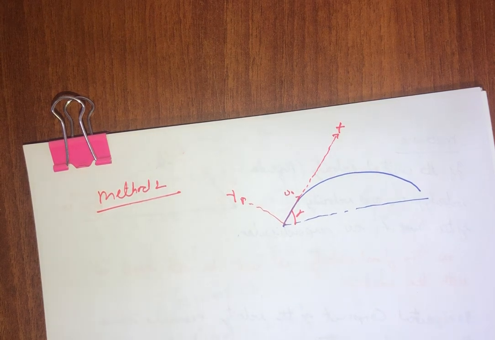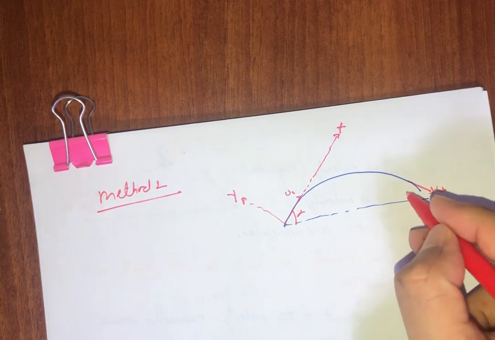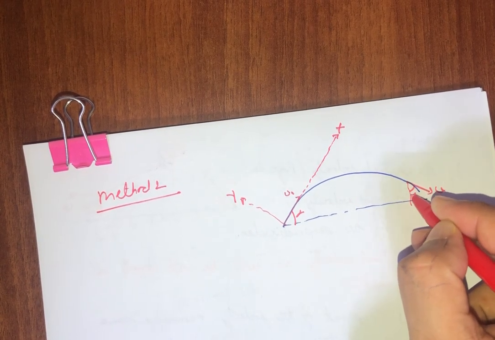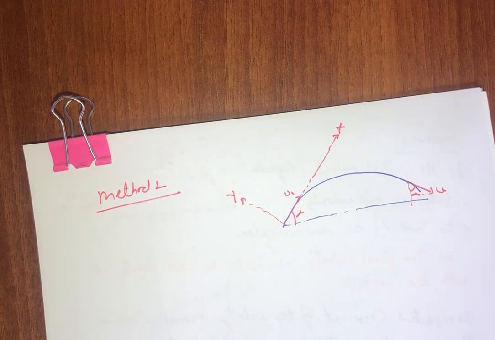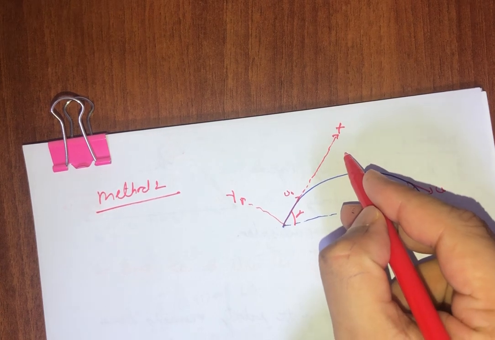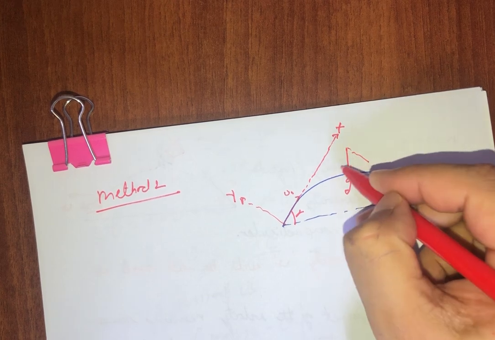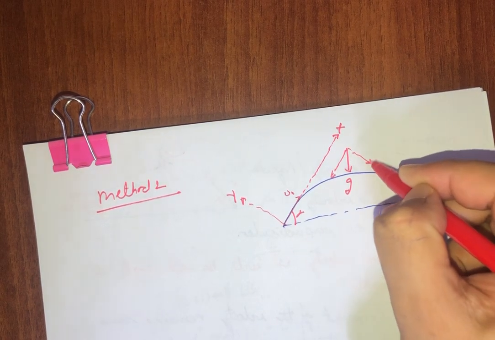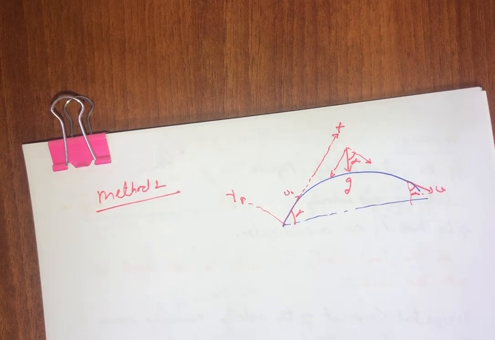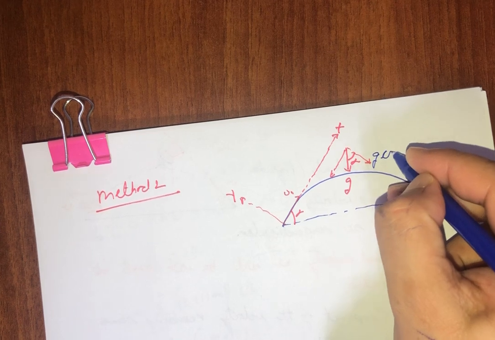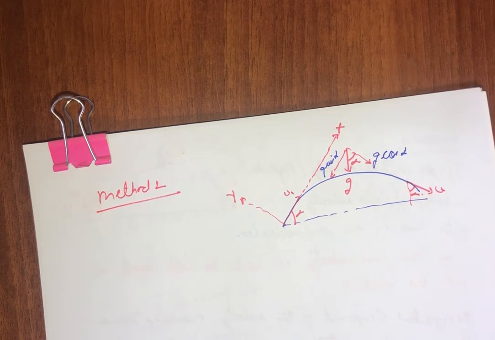And similarly, the final velocity at this point is given as v. It will be making an angle of alpha with the vertical, and now we have shifted the coordinate axes, x-axis as well as y-axis. Now acceleration due to gravity will also have its components. So this will be g, one component in this direction, another one in this direction, and we have this angle as alpha. So we get one component as g cos of alpha and another component as g sin of alpha.